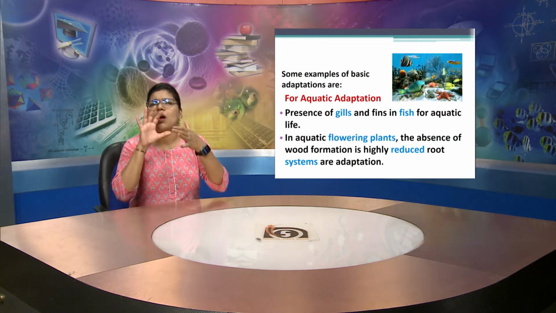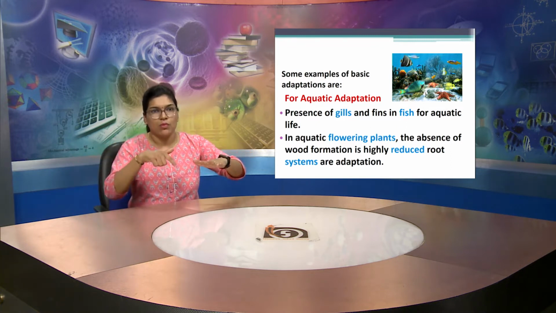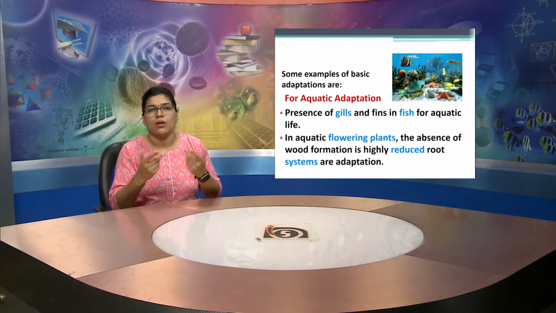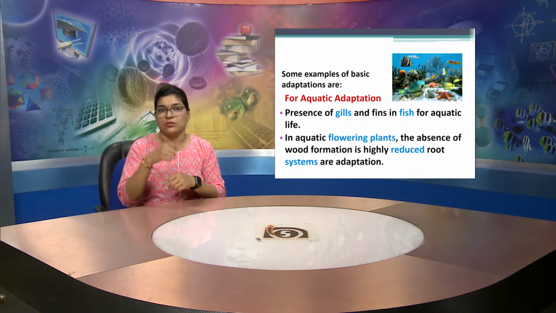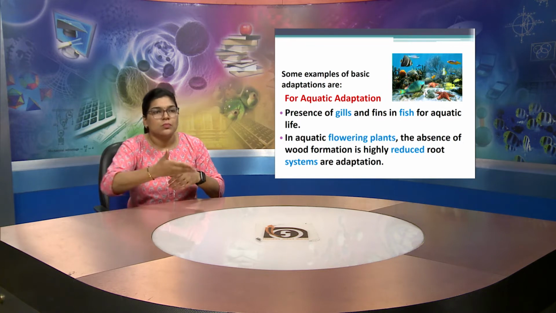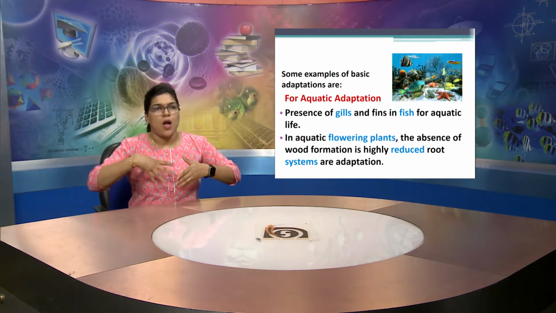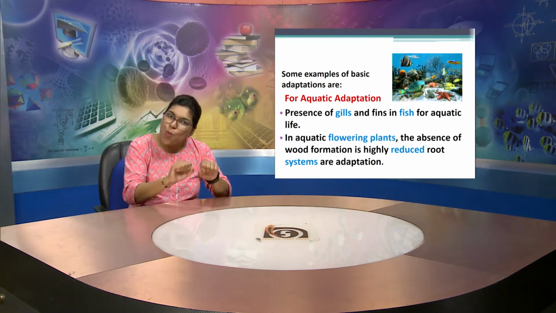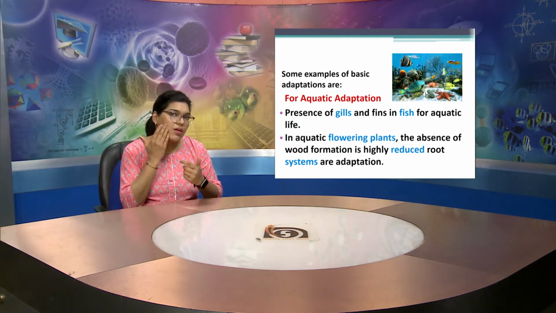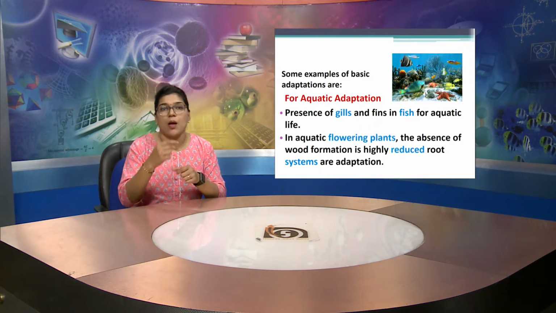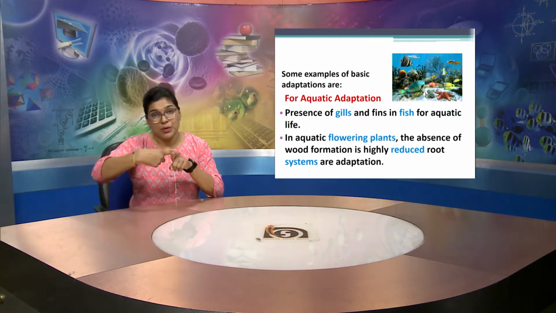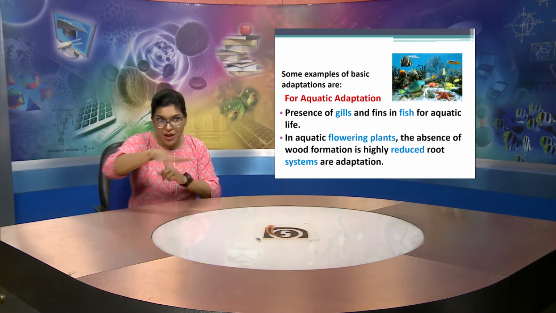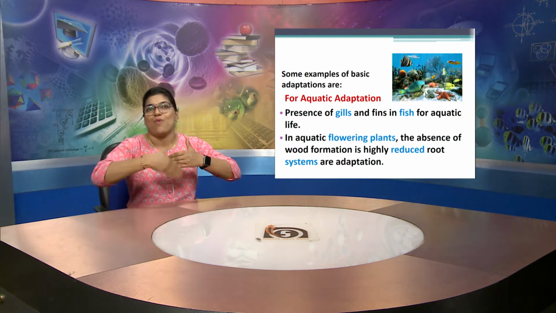Some examples of basic adaptations are, for aquatic adaptation, there are a few points. For aquatic adaptation, we need the presence of gills and fins in fish. Gills and fins are the parts of the fish body.